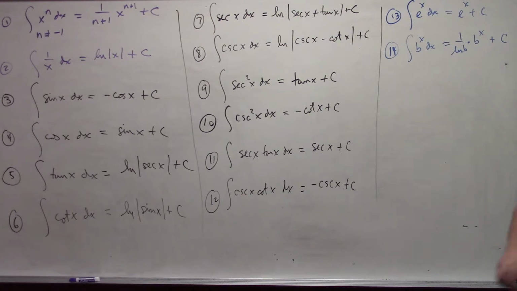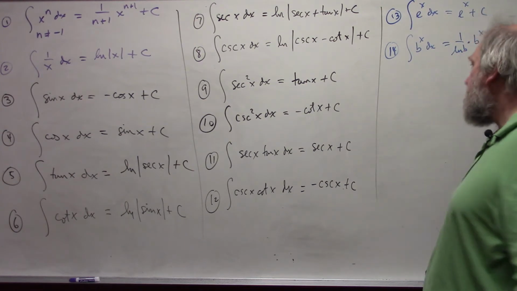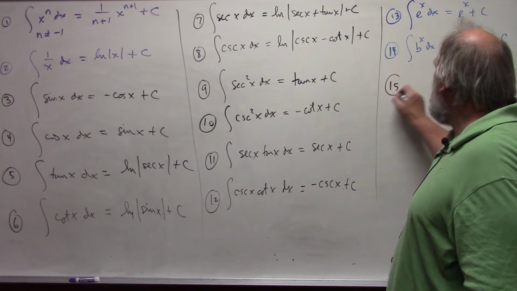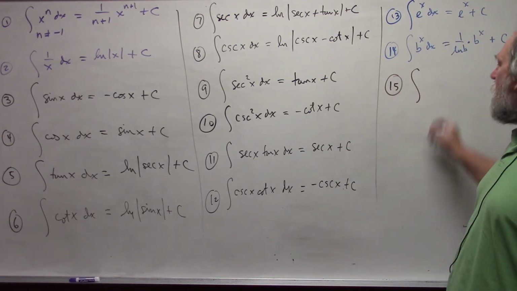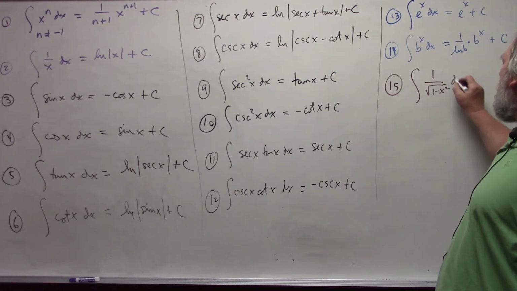We have the inverse trig. We have 15, the antiderivative of 1 over the square root of 1 minus x squared.